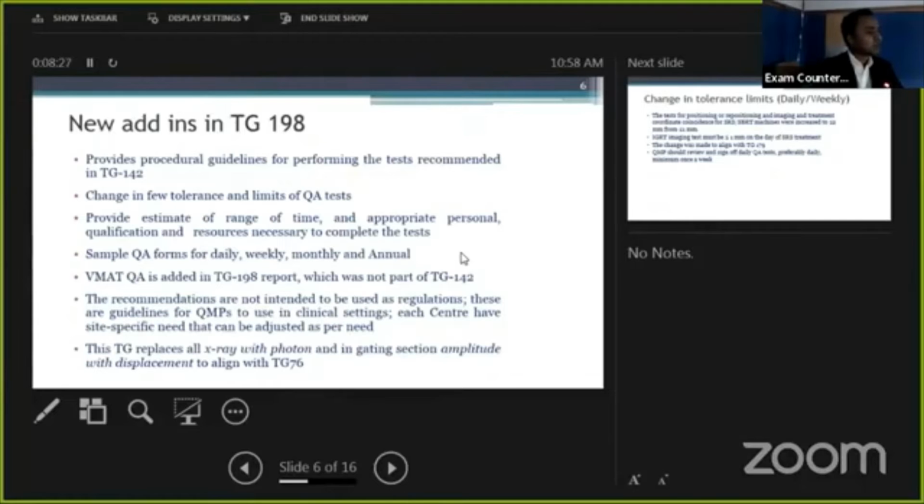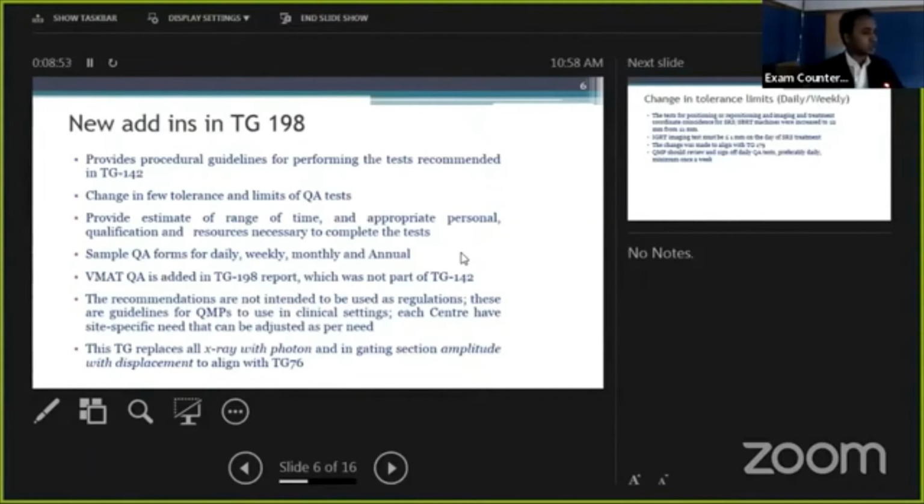Change in few tolerances and limits of QA tests. Few tolerances and limits are revised for different tests. Provides estimate of range of time, appropriate personnel, qualification, and resources necessary to complete the test. Range of time was not talked about in the previous report, that for different quality tests, we need to complete within certain minutes or certain hours.